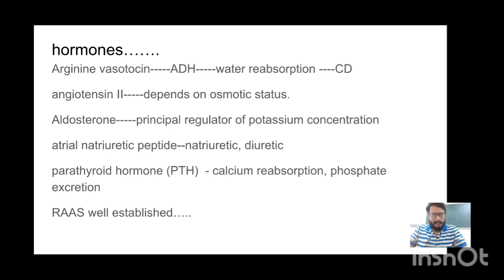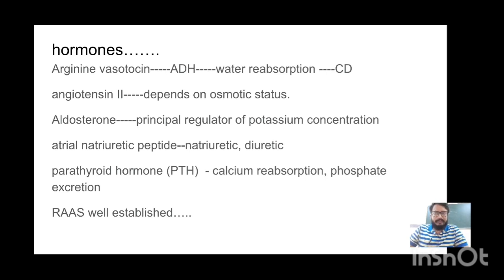Secondly, angiotensin 2, depending upon the osmotic status of a bird, can be either antidiuretic and antinatriuretic, or natriuretic and diuretic. So it depends upon the condition.